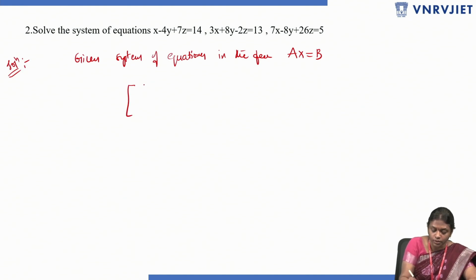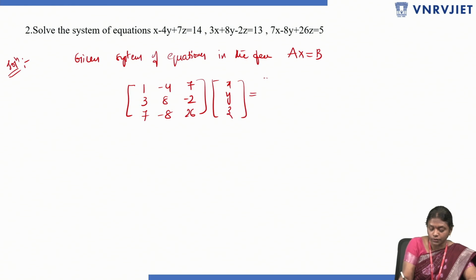What are the coefficients here? 1, minus 4, 7, 3, 8, minus 2, 7, minus 8, 26. Now the unknowns are x, y, z, which is equal to the capital B matrix. The constants are 14, 13, and 5.